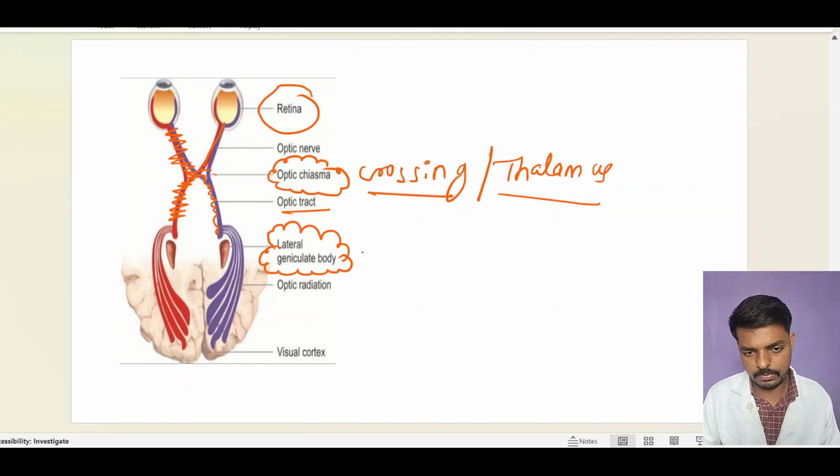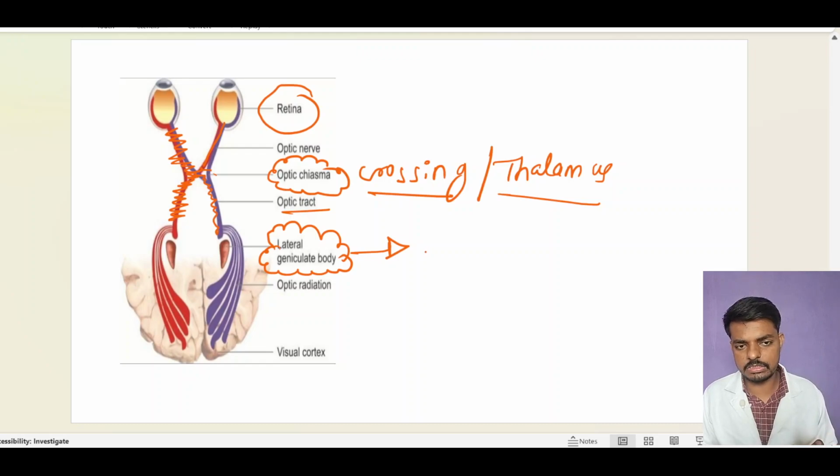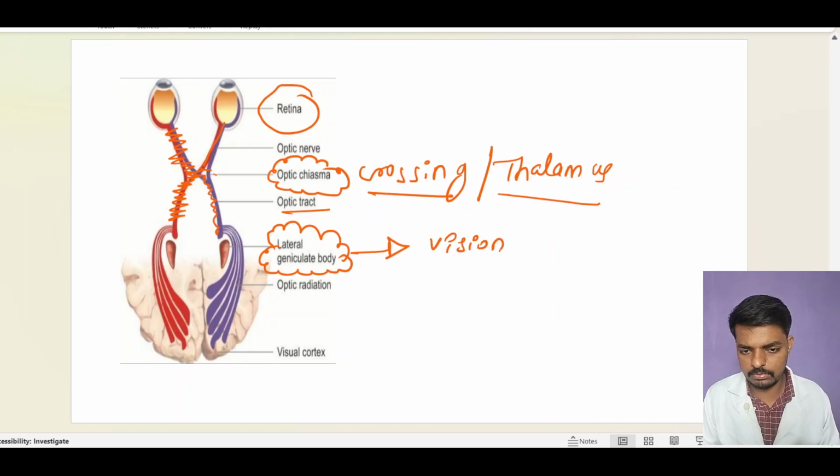We have two important geniculate bodies in the brain, the lateral and the medial. The lateral geniculate body is responsible for vision, and the medial geniculate body is responsible for music. How to remember this? L for lateral, L for light.